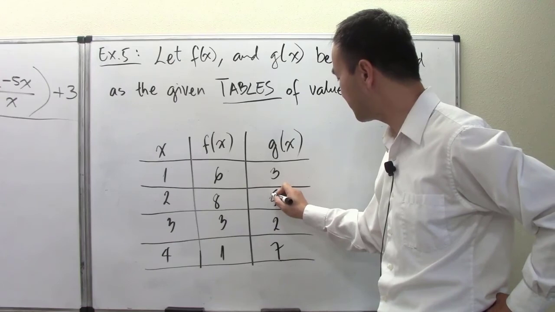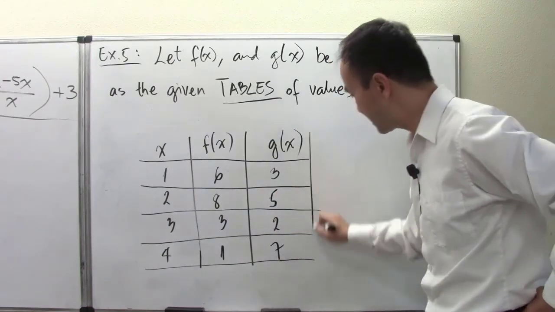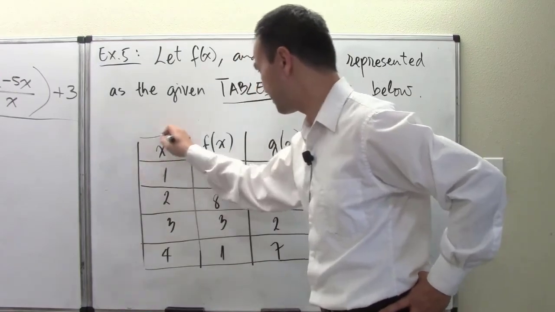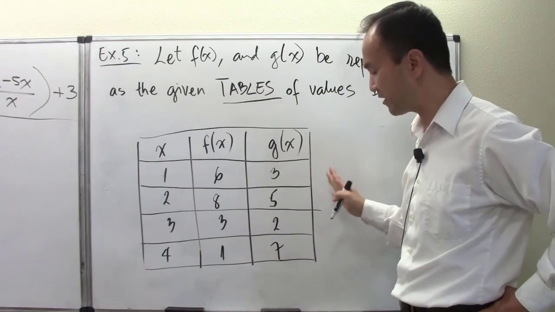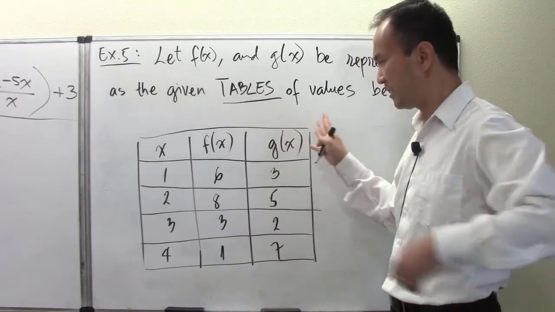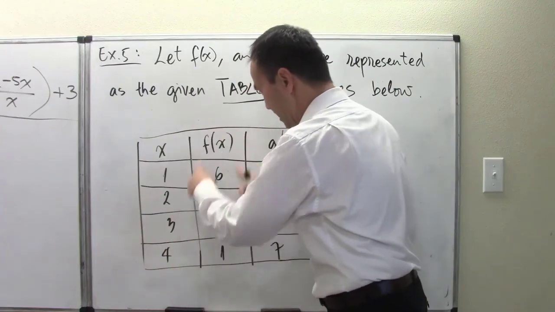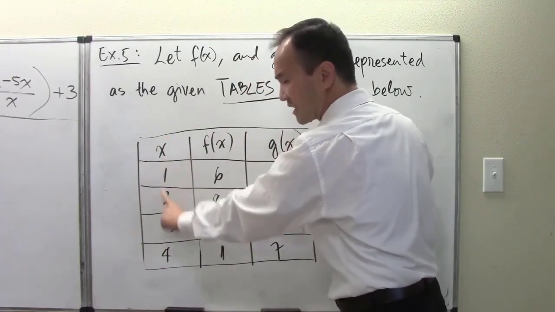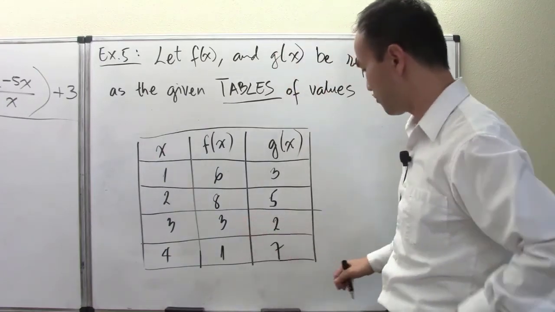All right, 3, 5, 2, and 7. And that's the idea of the table. Just due to the nature that I'm having very narrow space here, I'm going to combine two tables into one. But really, it's one table for x and f of x, and then another table for x and g of x.